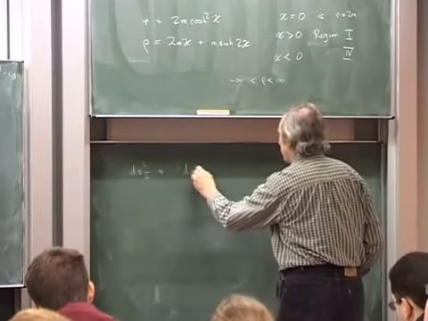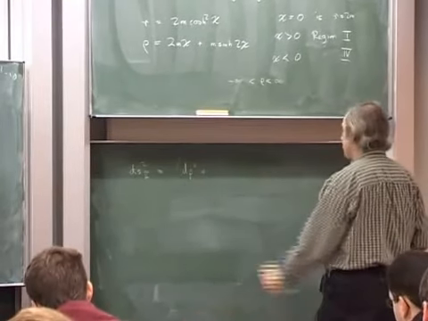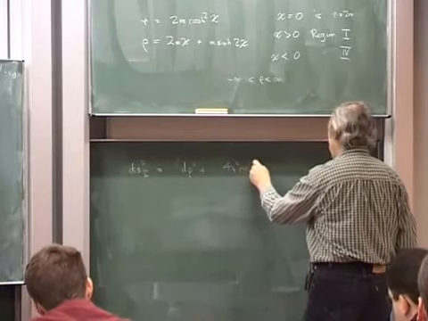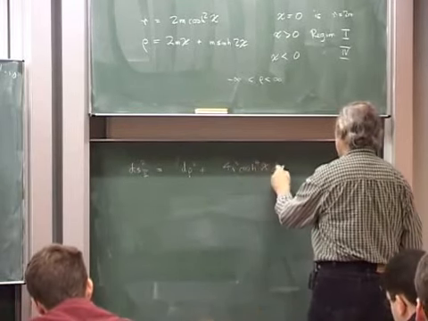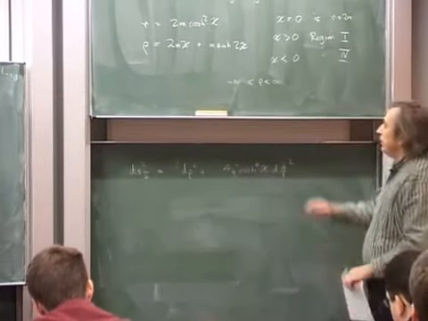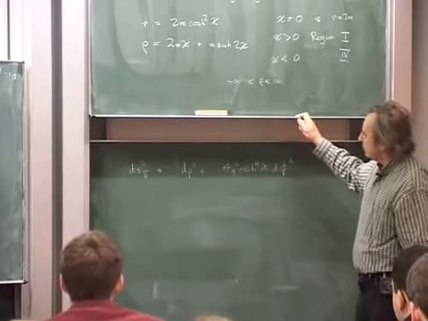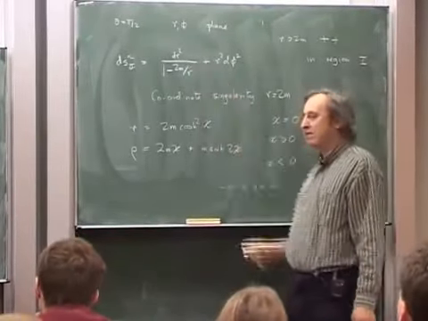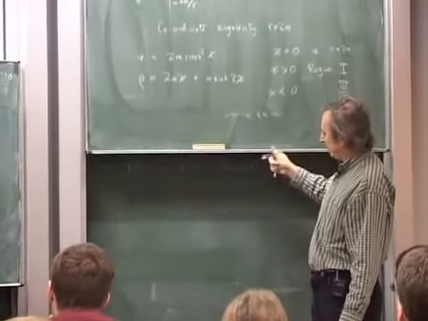You end up with d rho squared plus 4m squared cosh to the 4th chi d phi squared. So the point of this coordinate transformation was to turn this expression into just d rho squared on its own.